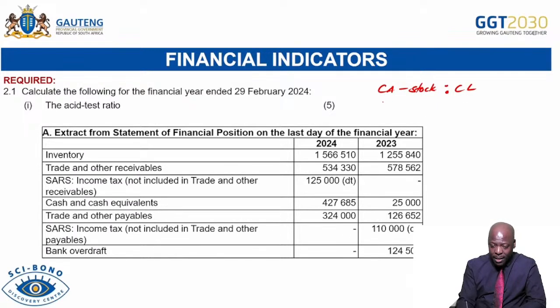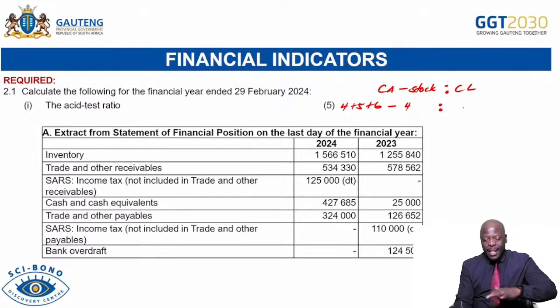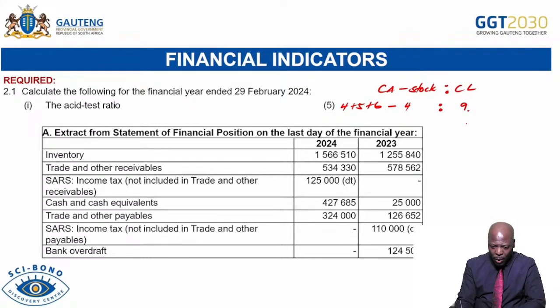Your current assets are note number 4 plus 5 plus 6, minus stock, which is note 4 again, as to current liabilities, which we can talk about with note 9 and other adjustments as well.